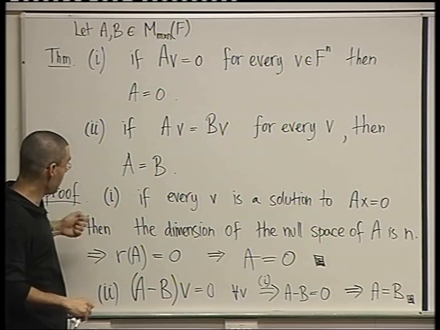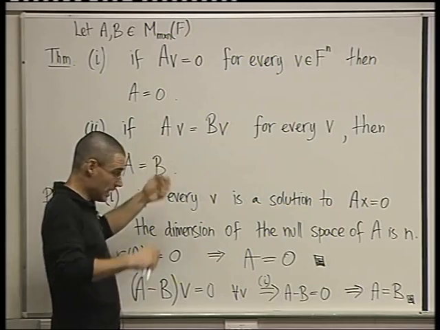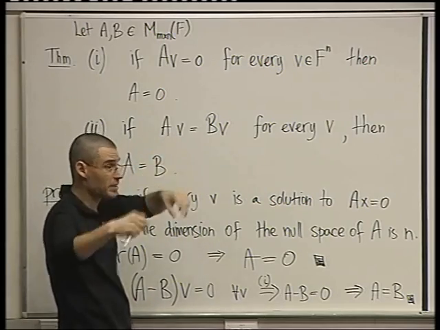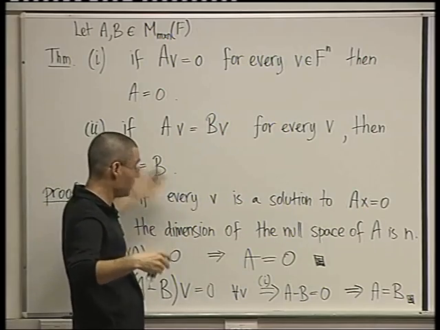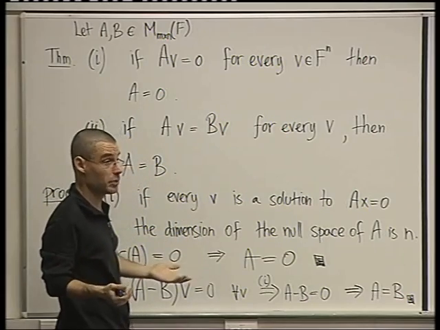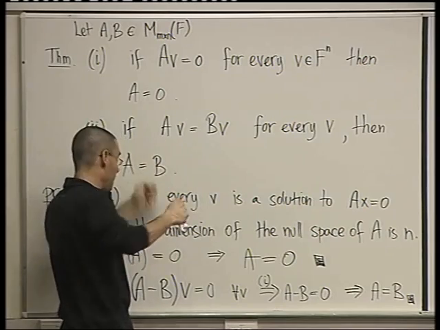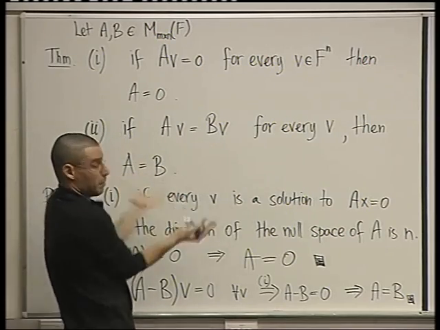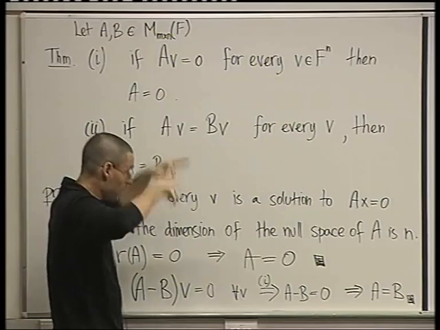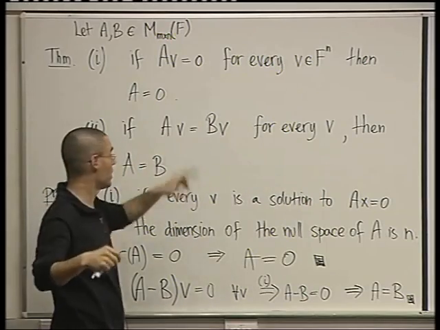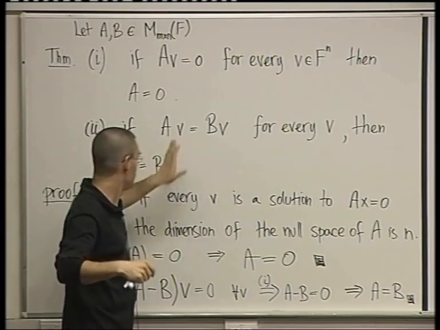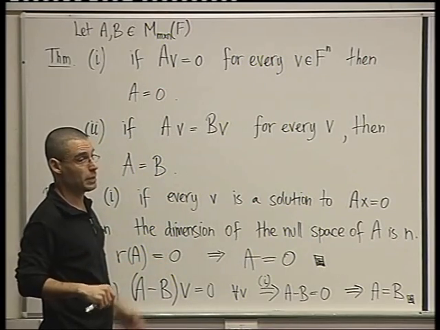So if you have two matrices that when you apply them, and I'm saying apply because I'm already thinking linear transformations, and matrices play a role of linear transformations, so I'm saying apply, but what you should see is multiply them. If you multiply them by every vector, and you get the exact same thing whether you're taking A or B, that's it. They're the same matrix.